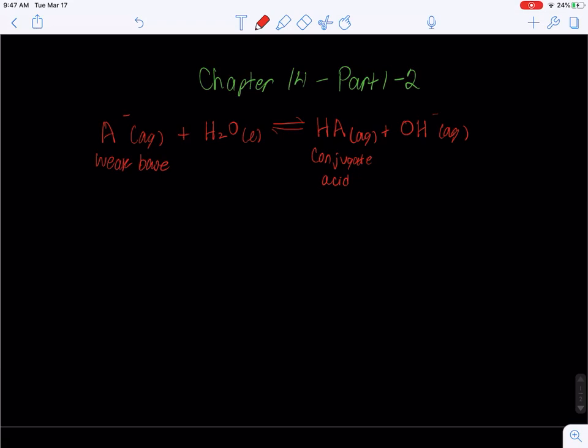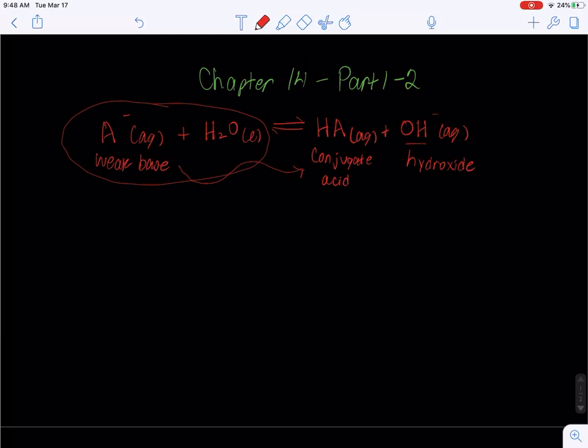So you can see in this pattern, the base gets transformed into the conjugate acid, and there's small amounts of hydroxide ion present. Okay, and so we know that this is in equilibrium. This is the major dominant side of the chemical reaction. These equilibrium constants are very small.